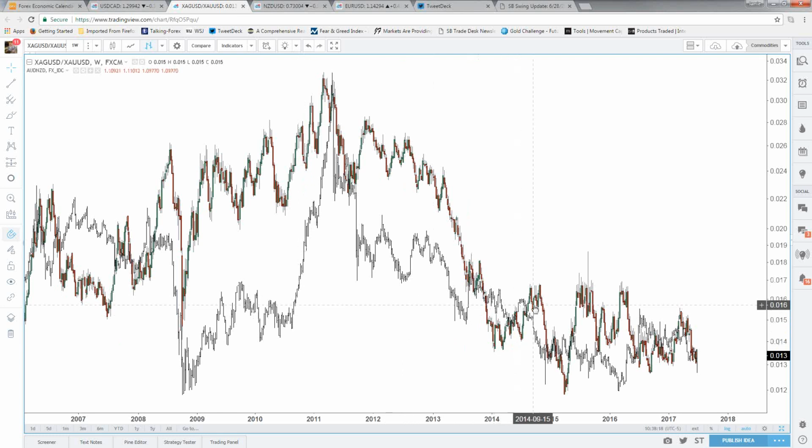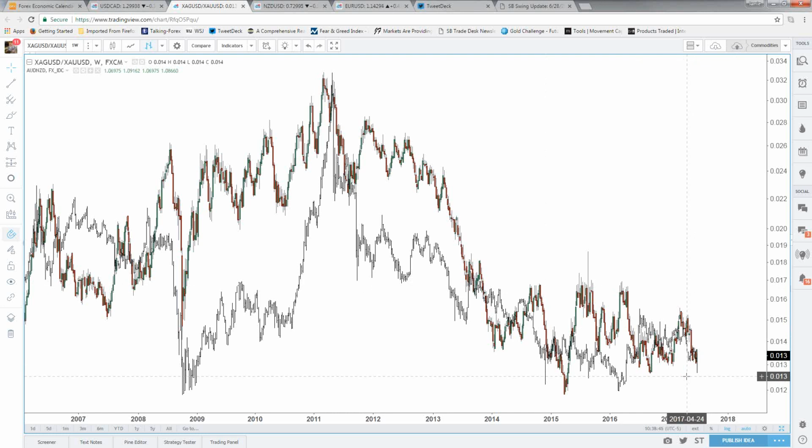advance or indicate or signal or are a manifestation of inflationary pressures. And it would make sense that Australia would go up against New Zealand during a period of inflation because you have more exporting of raw materials from Australia, right? And silver would outperform gold in an inflationary period because it is not just a precious metal, but also an industrial metal.